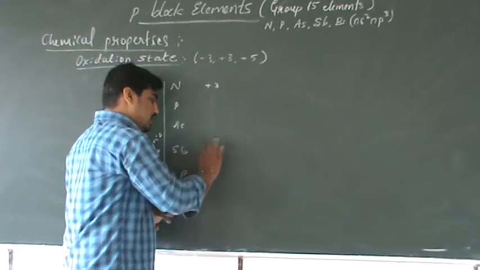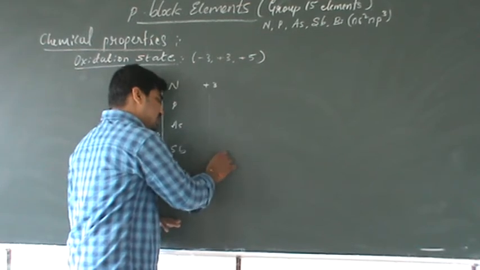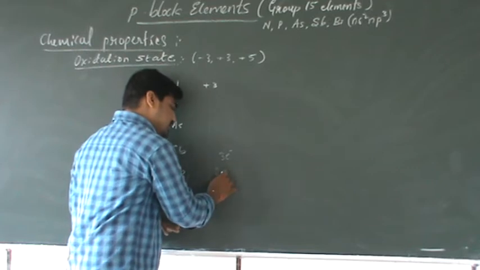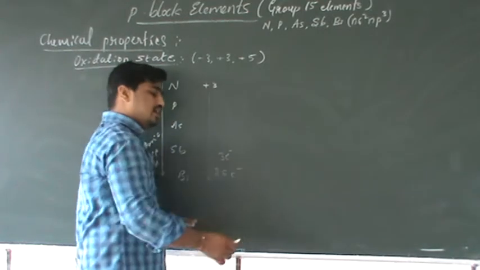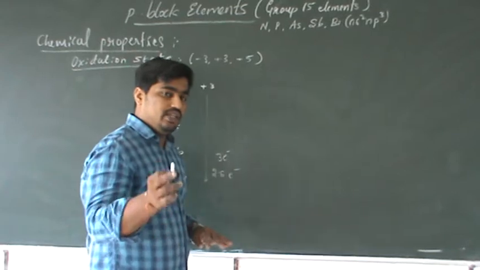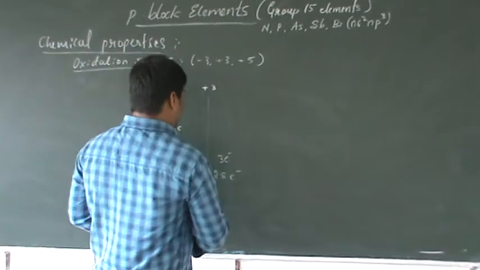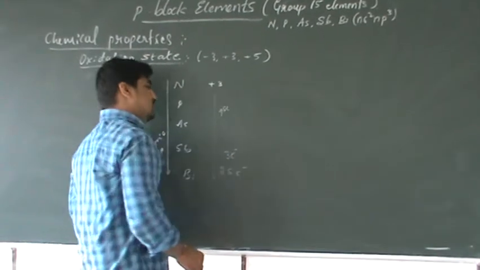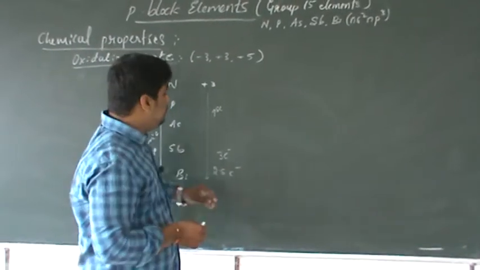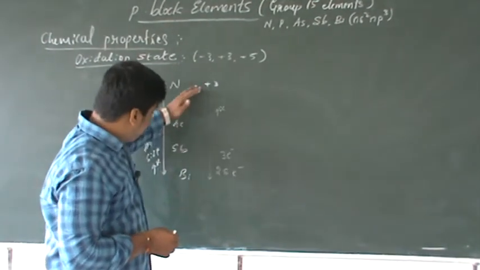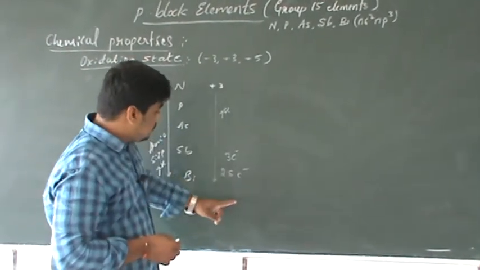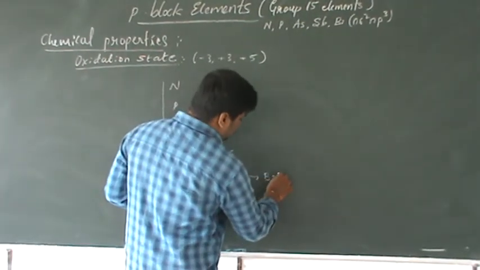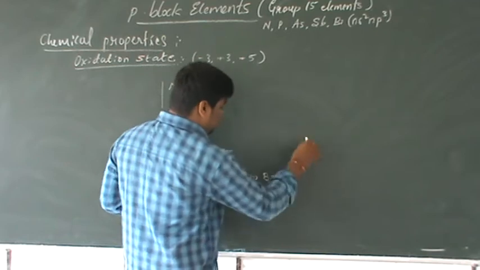Due to that, removal of 3 electrons is very easy, and the 2 s electrons undergo the inert pair effect. Due to that, the +3 oxidation state increases down the group. Very important point: the +3 oxidation state increases down the group, but bismuth shows +5 also.